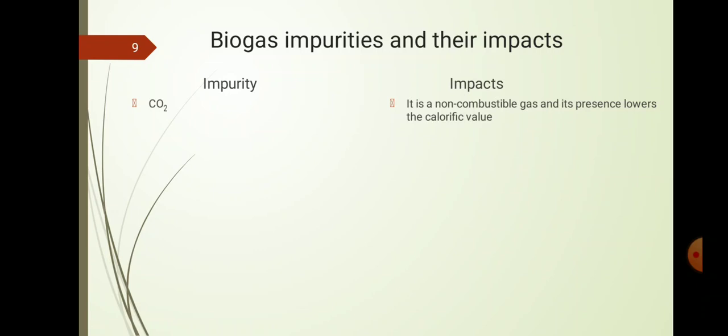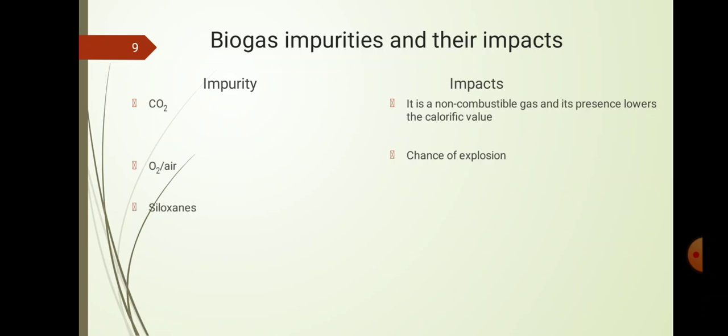That is the importance of carbon dioxide removal. And if oxygen is present, we know that anaerobic digestion is carried out in the absence of oxygen or air. But if oxygen and air somehow leak in, there is a chance of explosion, because biogas is a combustible gas. If it is mixed with oxygen and there is some temperature increase, there is a chance of explosion.